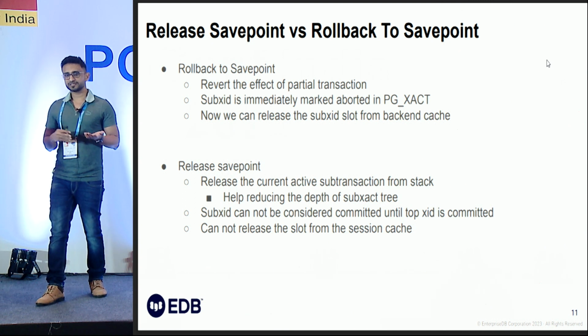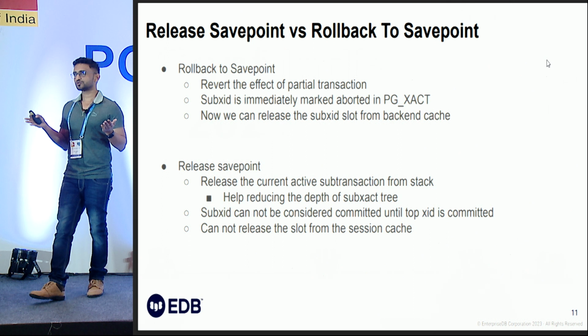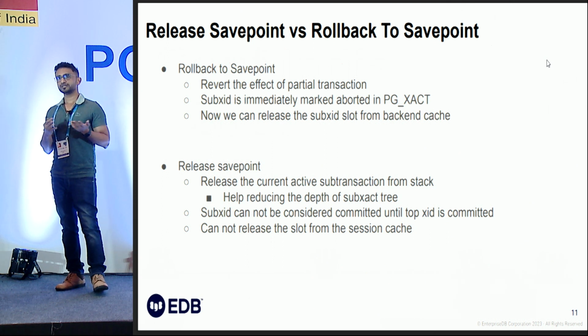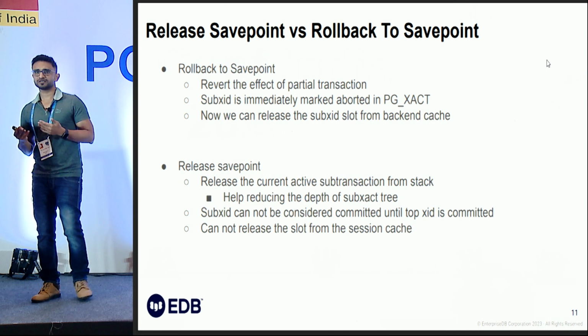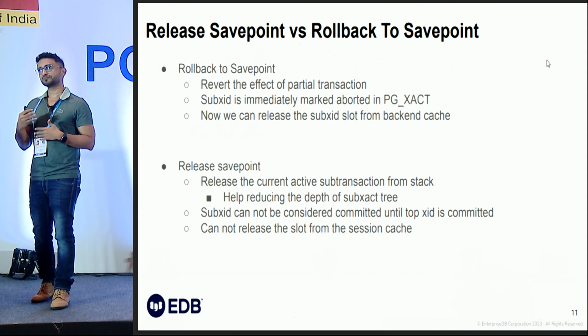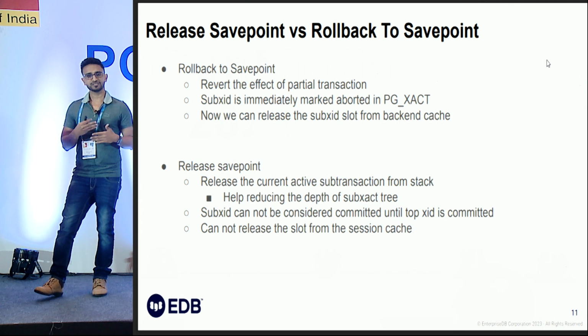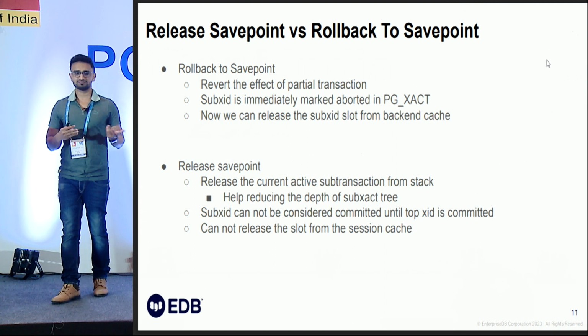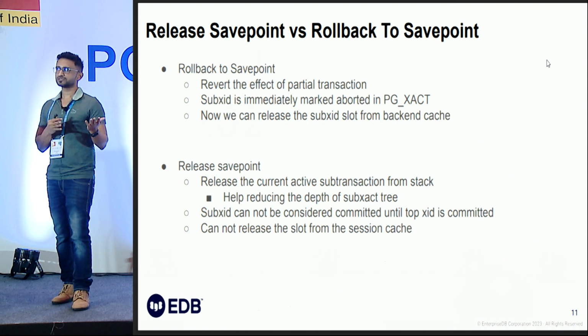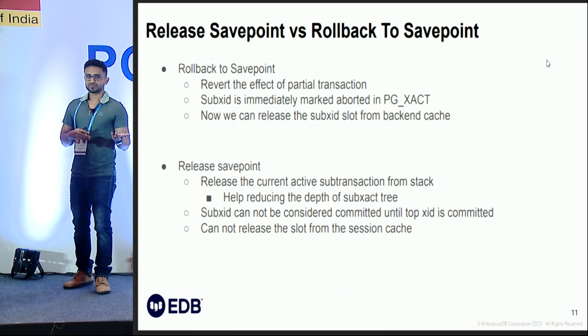In that case, that slot, the sub-XID slot of the 64 in the per-backend cache, we don't need to hold. So if your system is frequently rolling back to savepoints, which generally might not be a very common case, then your slot will be released.